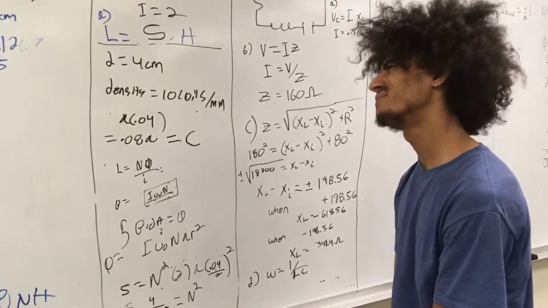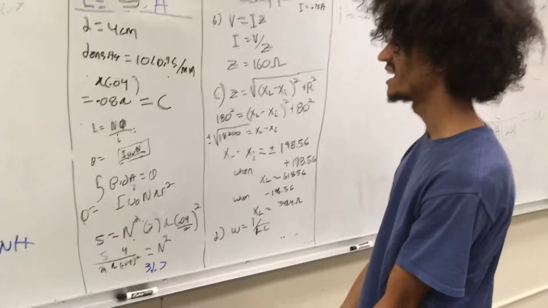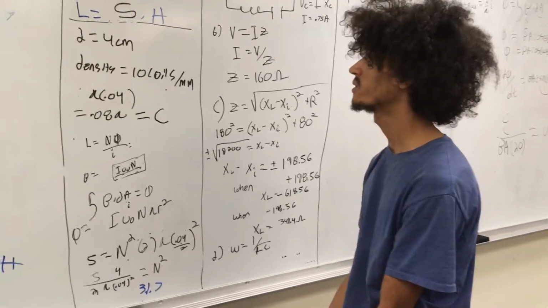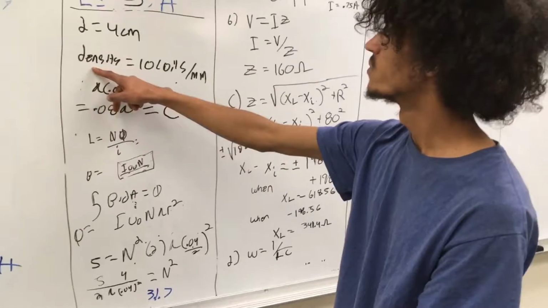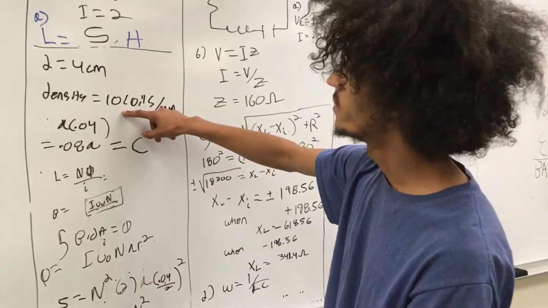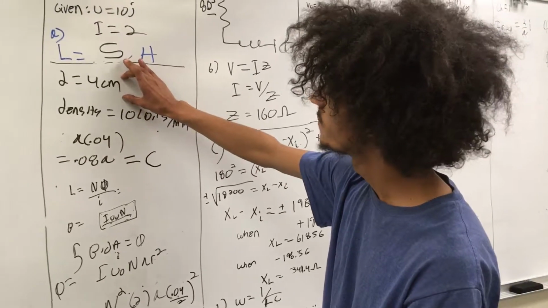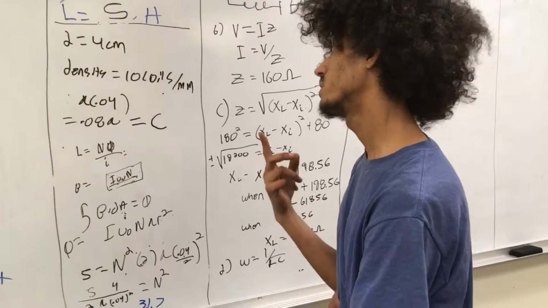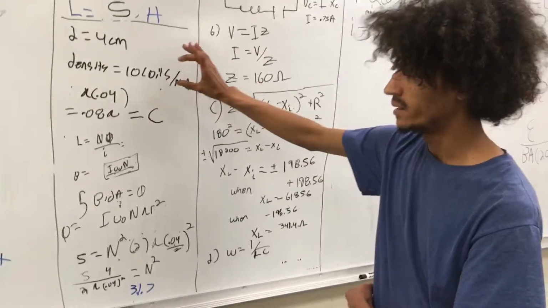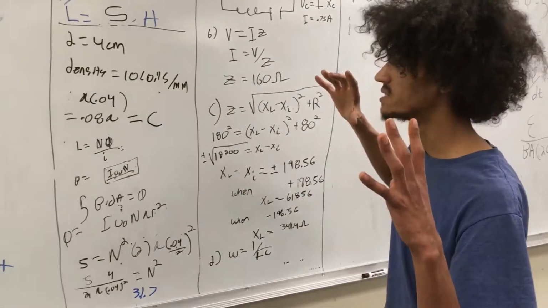And for the next part, it was actually a lot trickier for me. I don't know if I did my work correctly, but we know the density, we know the cross-sectional area, or cross-sectional diameter, excuse me. And so we have to relate the density to an area somehow.